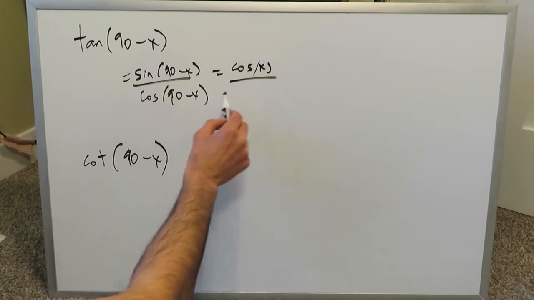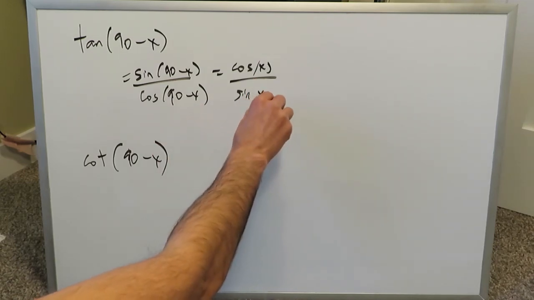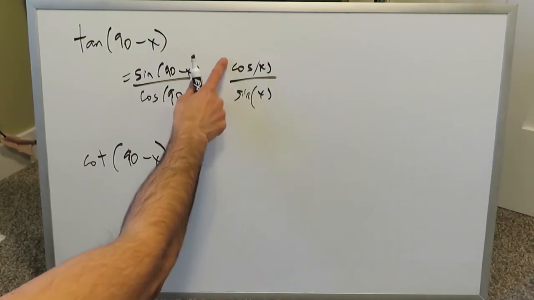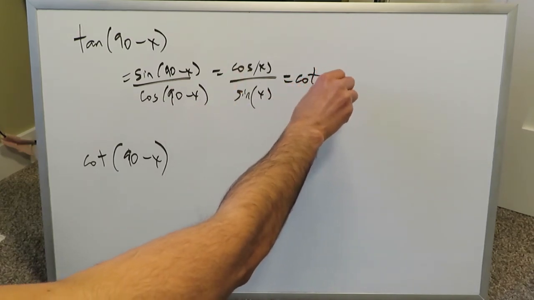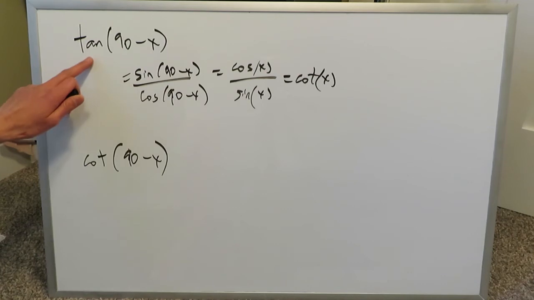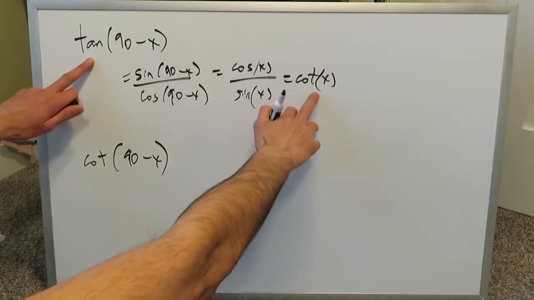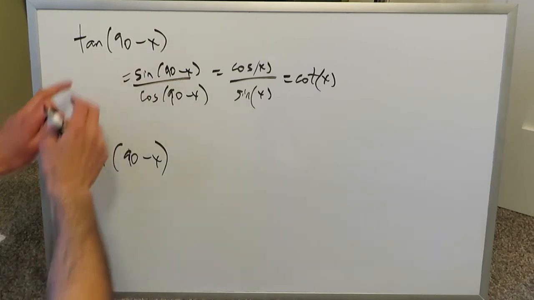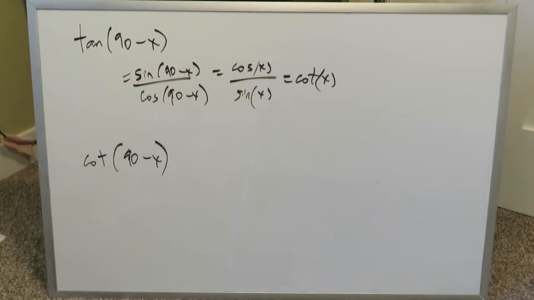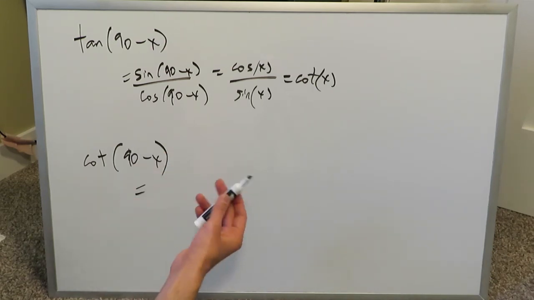And you know cosine of 90 minus x was equal to sine x. And when you think back to the definition of trigonometric functions, cosine over sine is equal to what? Cotan x. Therefore, tan of 90 minus x is equal to cotangent of x, or you can say cotan of an angle is equal to tangent of its complement. You can do a similar procedure here for the cotangent. Think about everything in terms of sines and cosines.